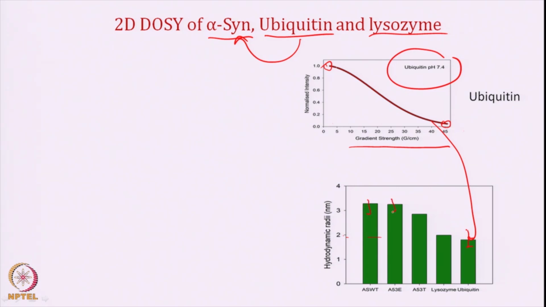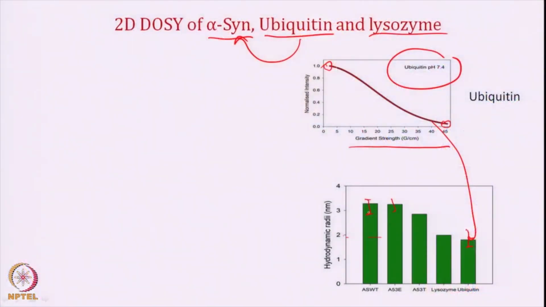It is a little open chain, not completely disordered, but intrinsically disordered, so its hydrodynamic radius is more than ubiquitin and lysozyme. Just by recording the diffusion experiment, we can guess the shape and size of a molecule.